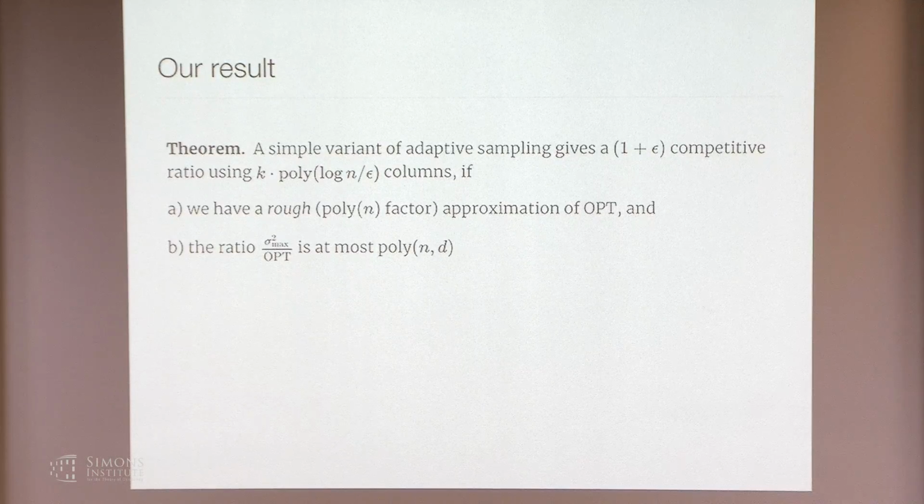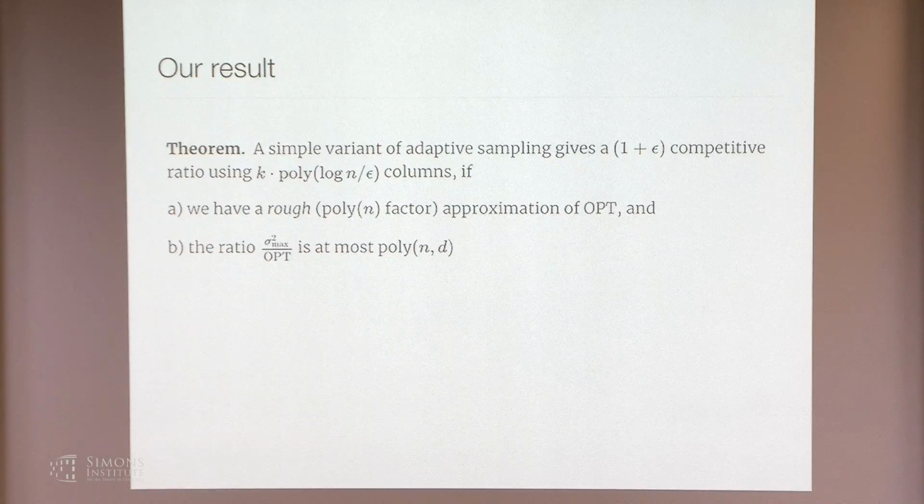The two conditions are the following. Firstly, you must have a rough estimate of the optimum error, by which I mean the actual error, the Frobenius norm of U minus U_k. We need a fairly rough estimate, like within a poly n factor.